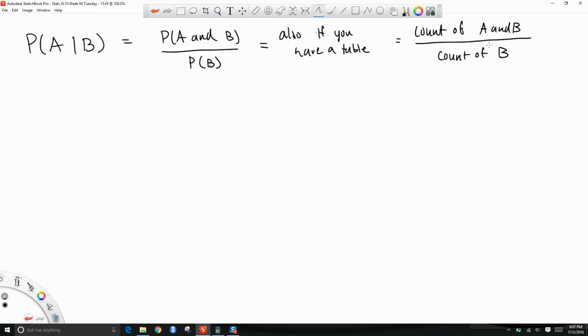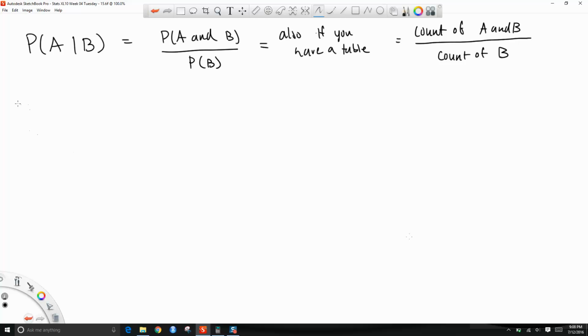So we said, how many people have a TV and a bike? 90. How many people have a bike? I don't remember, 105 or something like that. And okay, so that's what we have there. Conditional probabilities.